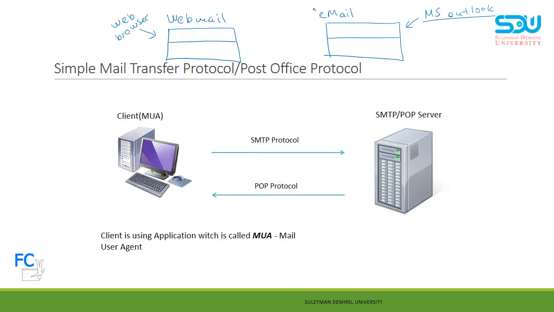When you have such an application on your computer, your computer has the role of the MUA, the Mail User Agent. You also have a specialized mail server which stores all of your mail information, like your inbox, spam messages, and so on.